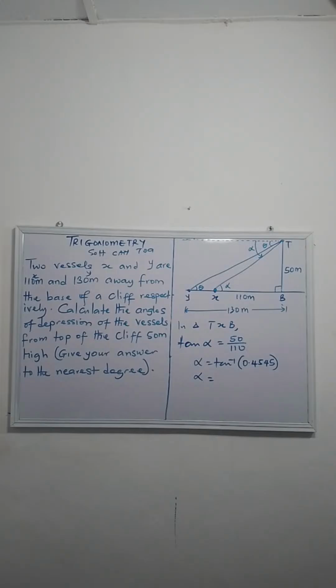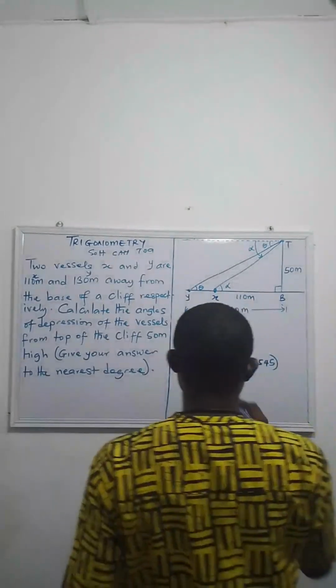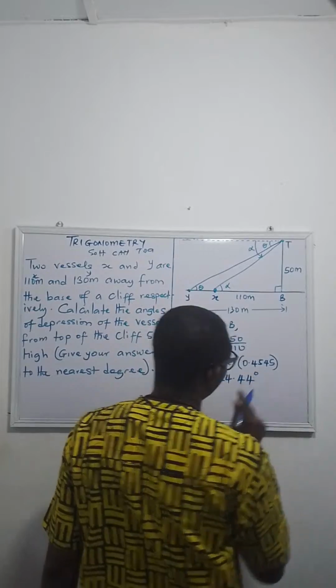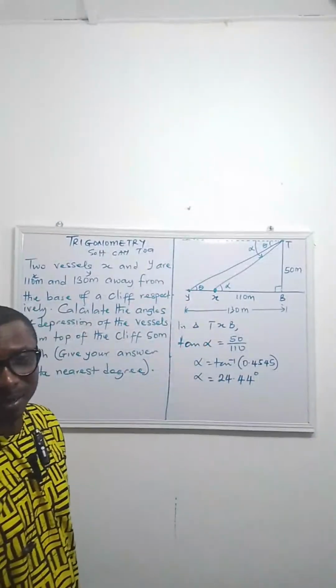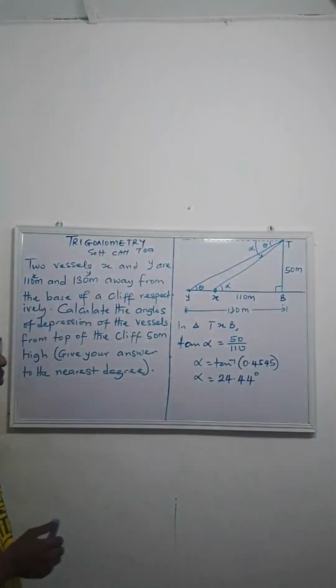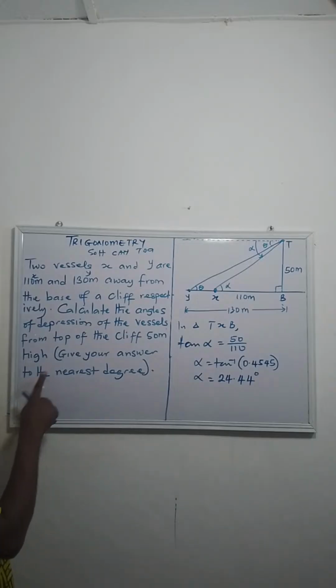Okay. All right. So now let's look at it. I can see our answers. So you have 24.44. 24.44 degrees. Don't forget, we are talking about angle. So 24.44 degrees. So now don't forget, the question asks you to give your answer to the nearest degree.